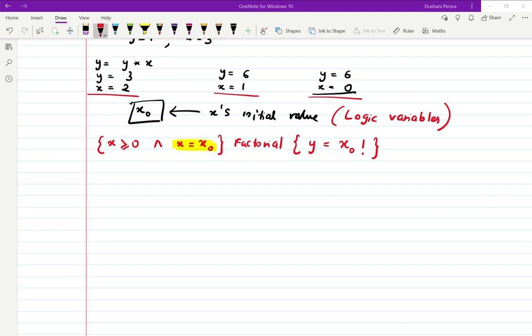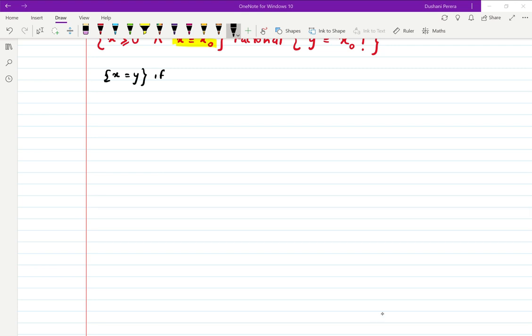Then the next one: x is y. If x equals 0, then x equals y plus 1, else z equals y plus 1.